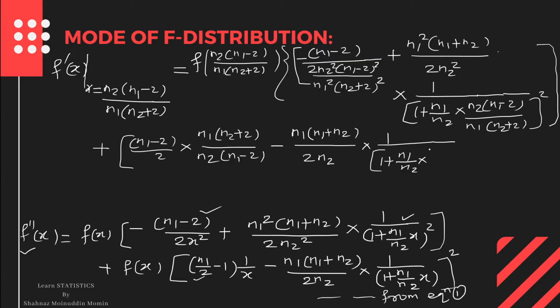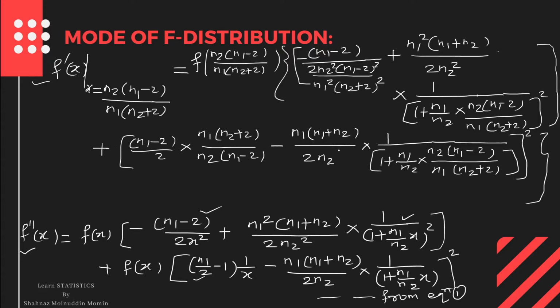X is what? n2 n1 minus 2 divided by n1 n2 plus 2, bracket complete, and the whole bracket square. This is the expression after substituting the value of x.